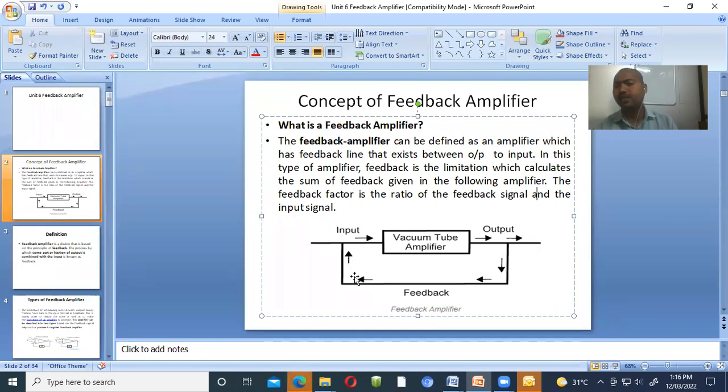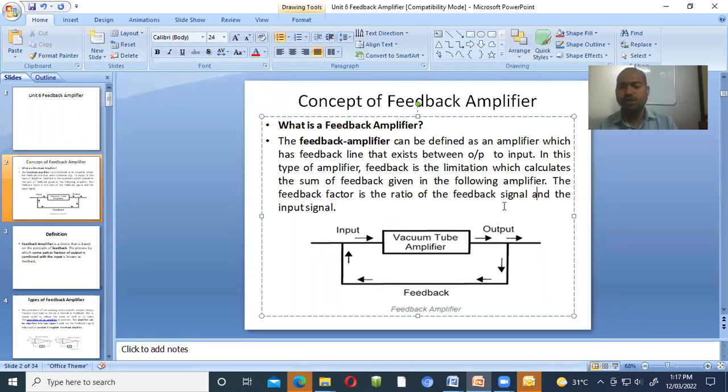Now see, what does negative feedback mean? If we apply a sine wave, we get a cos wave from the amplifier. Again that cos wave is applied to the input. We applied a sine wave, we got a cos wave, so it indicates a 180-degree phase shift.